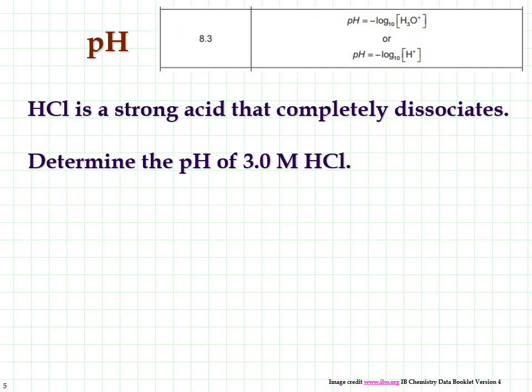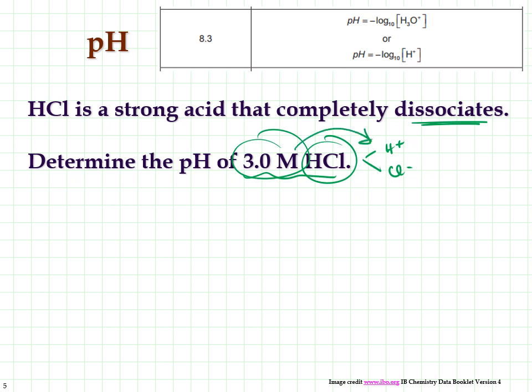So let's go ahead and look at doing this with actual acids instead of just concentrations. If I have 3 molar hydrochloric acid, I know that hydrochloric acid is a strong acid. It completely dissociates. That means that for every one of my HCl's, I'm going to get 1 H+ and 1 Cl-. So if I have 3 moles per cubic decimeter, 3 molar hydrochloric acid, I'm also going to have 3 molar hydrogen ion concentration.